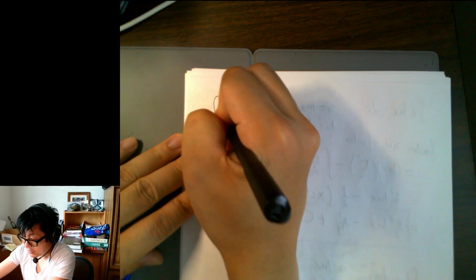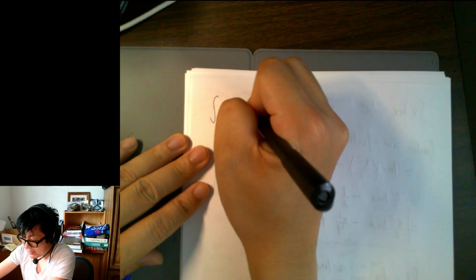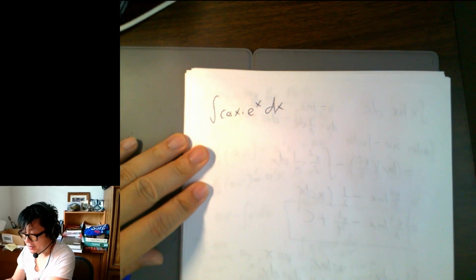Now there are a couple other special cases that we have to worry about. One is involving a trig function and an exponential. So if I have, let's say, cosine x times e to the x dx.